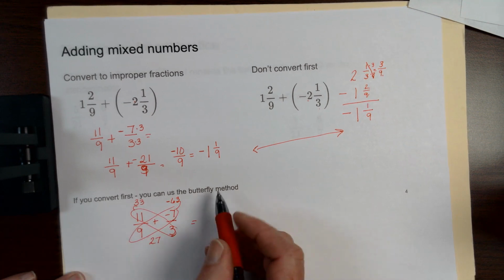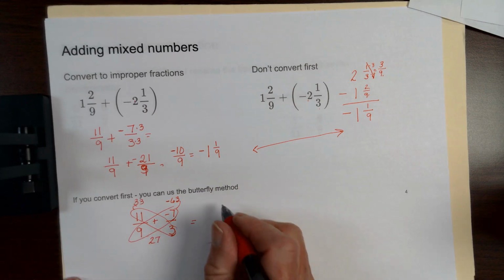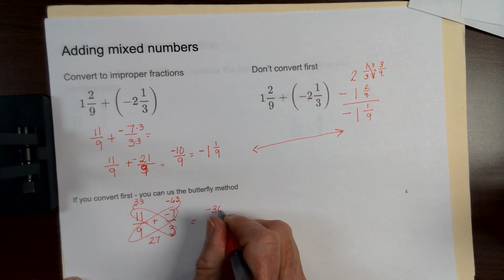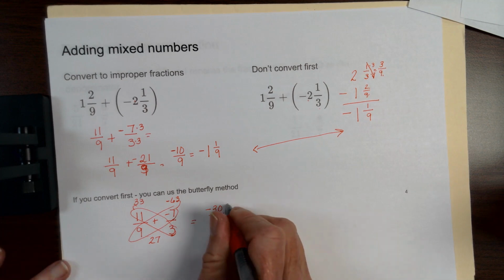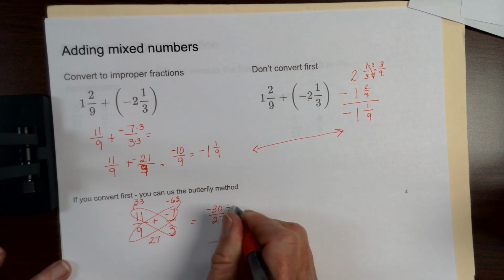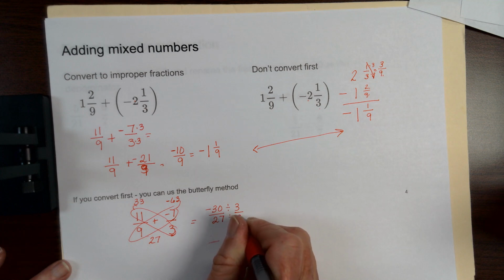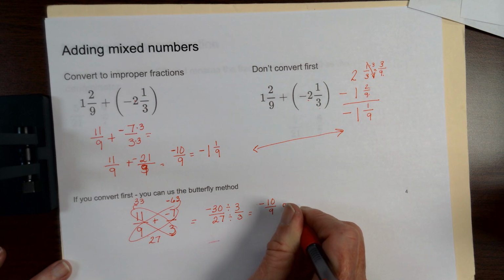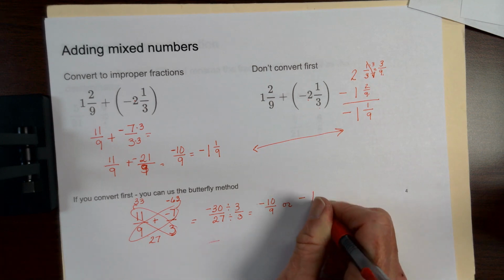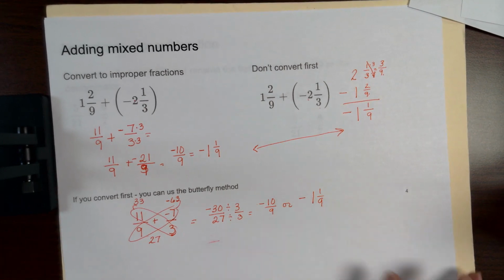So when I add this, I'm going to have a negative 30 over 27, but I have to divide them both by 3 to reduce down. So I get a negative 10 over 9, or a negative 1 1/9. Okay?